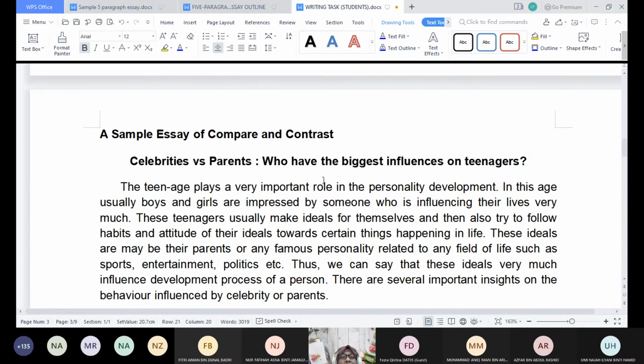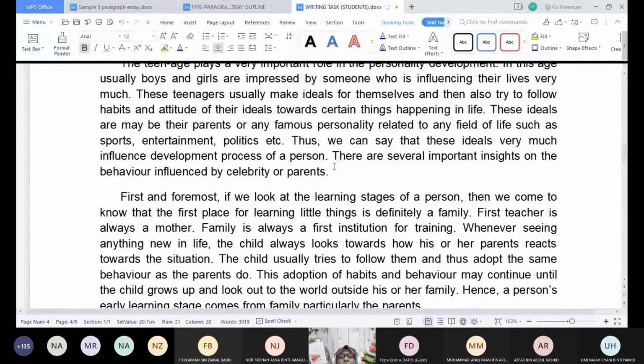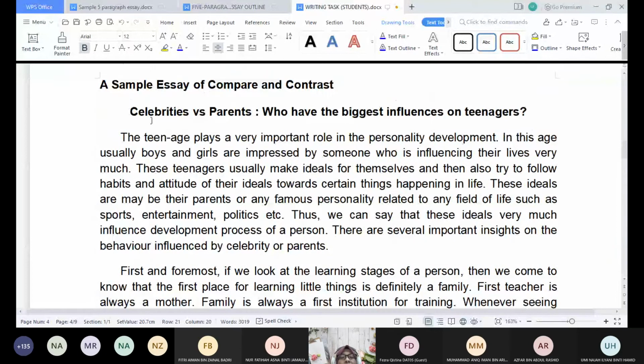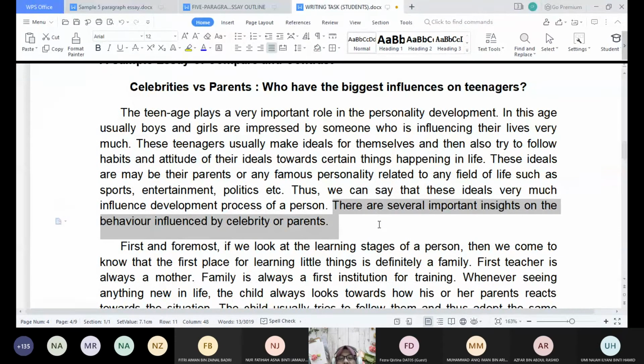Sample essay of compare and contrast. I think this one you can go through later on. This one is the introduction. Celebrities versus parents: who has the biggest influence on teenagers? So this is compare and contrast. This is the thesis statement. There are several important insights on the behavior influenced by celebrities or parents.